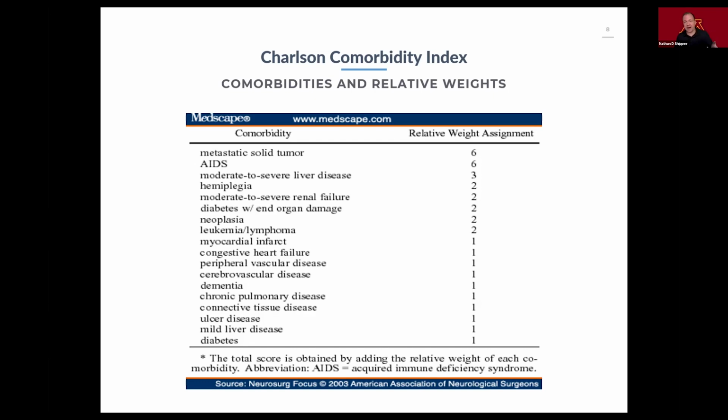That is actually how the weights were originally created, and that's the process that anybody uses when you're adapting the Charlson. So if you're looking for a serious outcome like death, you'll see that some of these are associated very strongly and therefore have a higher weight, right? And so that's where the weights come from, this relative risk translated into an integer, and that's where we get the weights to sum up for a score.